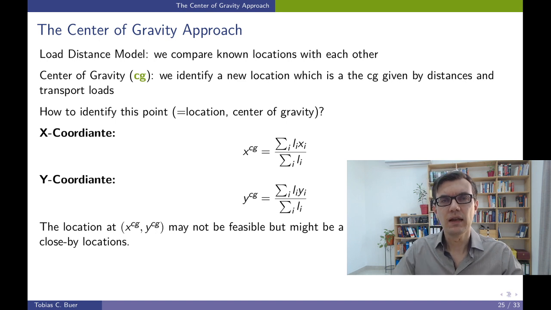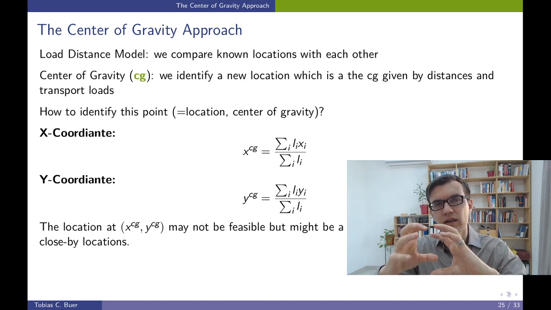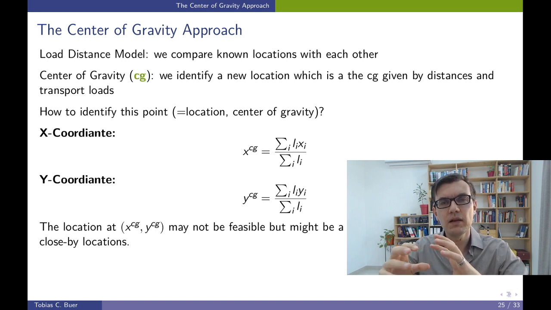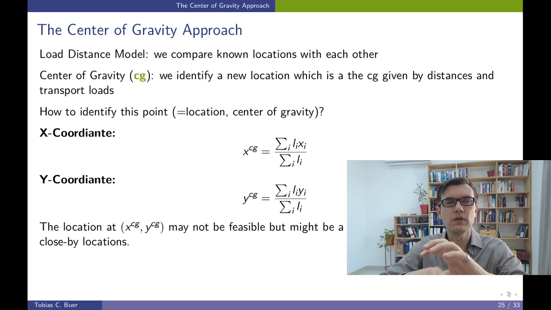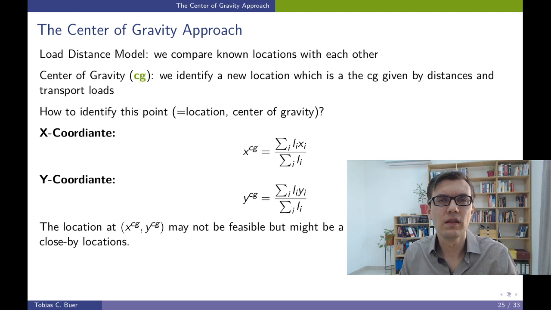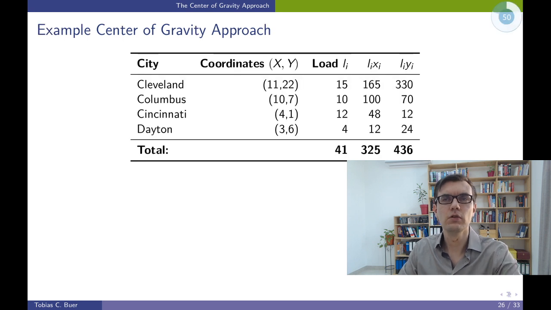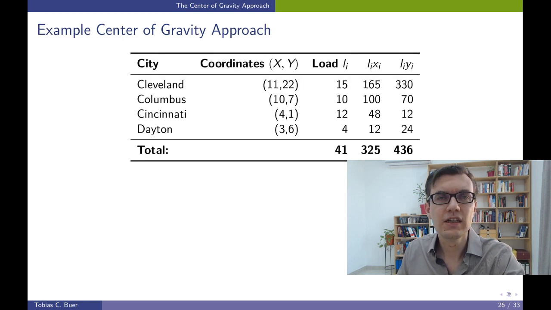But at least we have identified an area which seems very reasonable, and maybe we find a suitable location around this area. This is the purpose of the center of gravity approach, to identify a new location that might be useful.